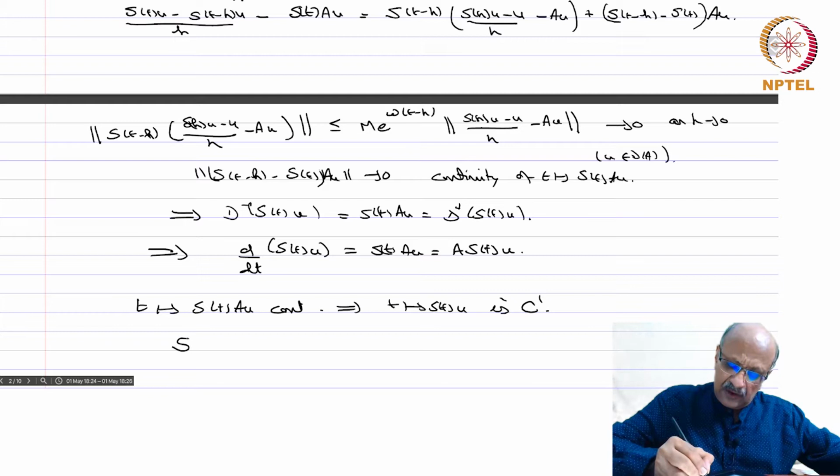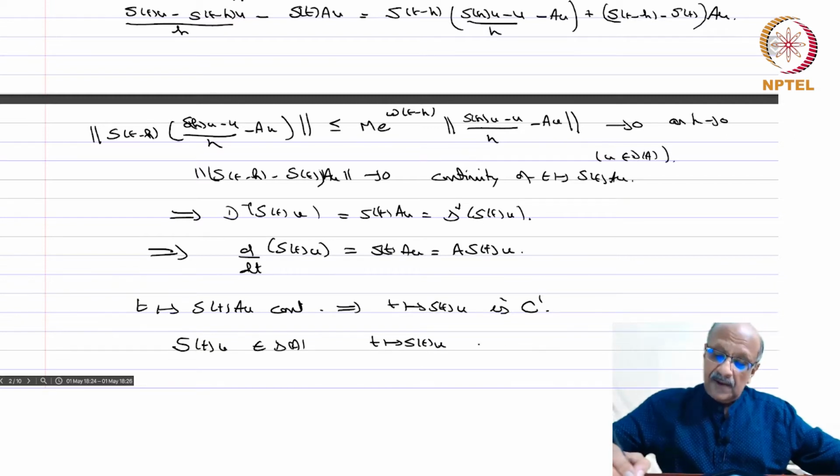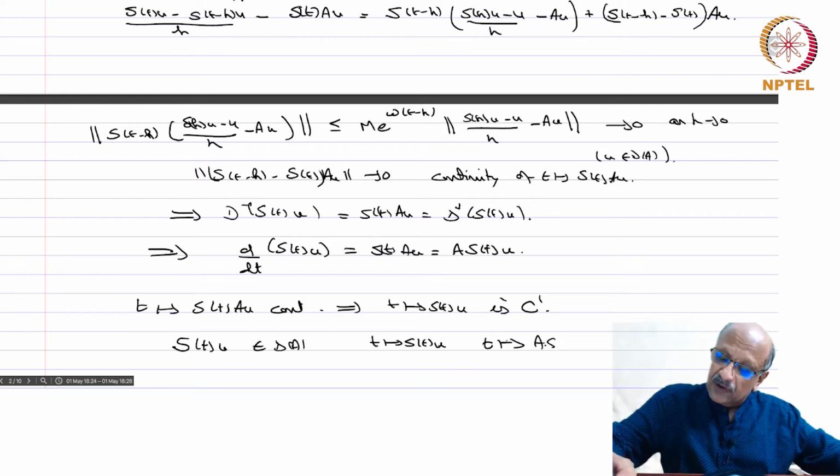And you have S(t)u belongs to D(A), and you have that t going to S(t)u is continuous, and the derivative of S(t)u is nothing but A S(t)u, and therefore t going to S(t)u and t going to A S(t)u are continuous because of this relationship here.